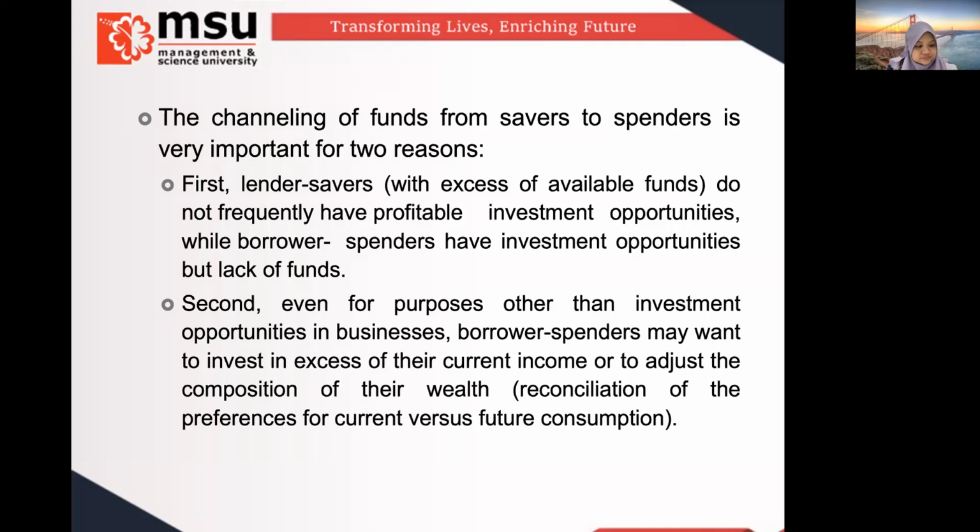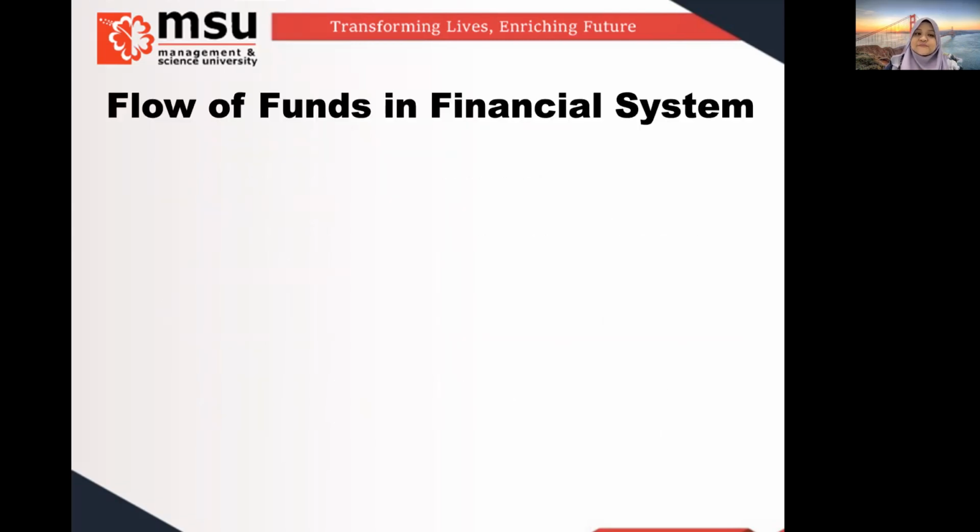It means the purchasing power of money today is higher compared to tomorrow. Okay, so that's why people put their money in places that can give profitable rates, because they want to increase the value of money.